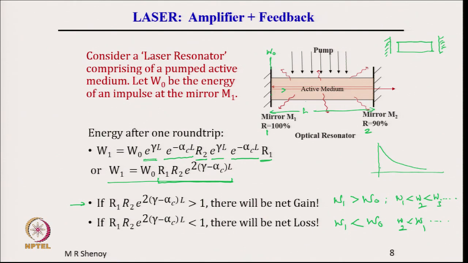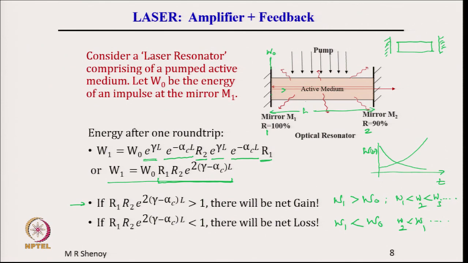In the other case, the intensity will continuously increase. In other words, with the time, so this is with the time, and what I am plotting is either intensity or W, energy, W of t. So, there is no steady state, this is continuously attenuating, this is continuously amplifying. Of course, it cannot continuously amplify, there are saturation effects which take place, we will discuss that.